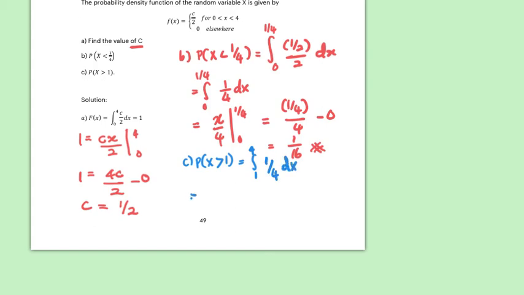When you integrate, you get x over 4 from 1 up to 4. You replace the values: 4 over 4 minus 1 over 4. So the final answer would be 3 over 4.